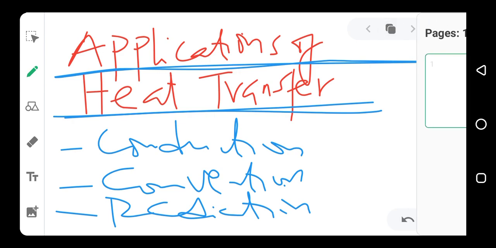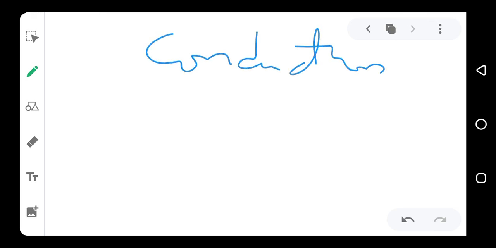Now let's look at conduction. For conduction, we use conduction in cooking. When you want to cook, you put what you want to cook inside your pot and turn on your heat source.